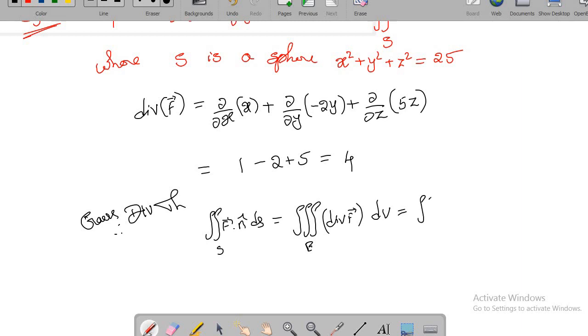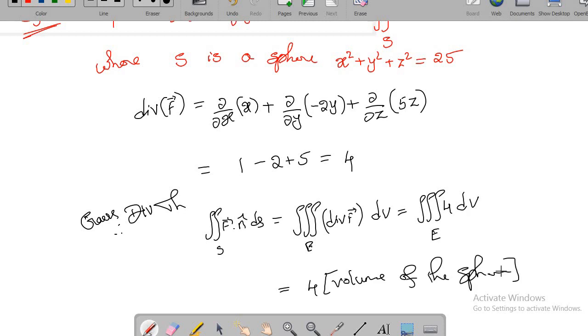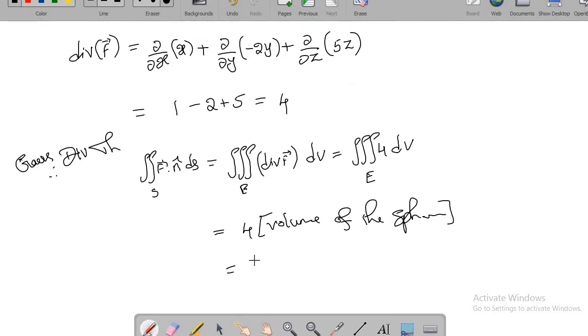So that's what the triple integral over the sphere is. This is 4 into dV. This is nothing but 4 into the volume of the sphere. Here the integrand is constant, so integrating over that solid is the same as finding the volume of the solid. So therefore, this is nothing but 4 into the volume of the sphere.